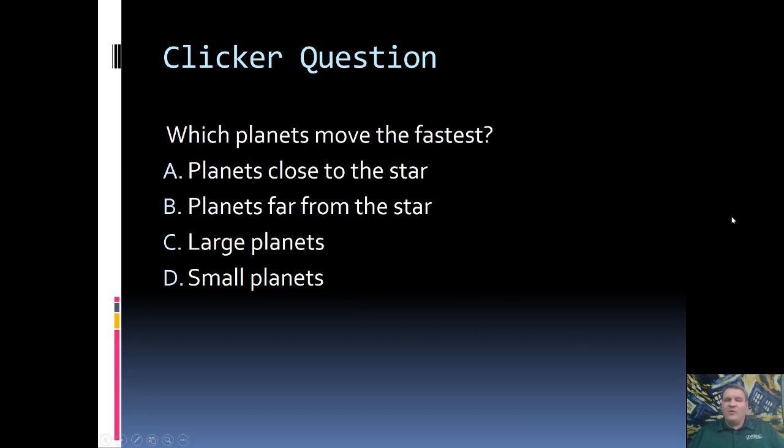All right, one more. Which planets move the fastest? A, planets close to the star. B, planets far from the star. C, large planets. Or D, small planets. Go ahead and think about it, and we'll discuss in just a bit.